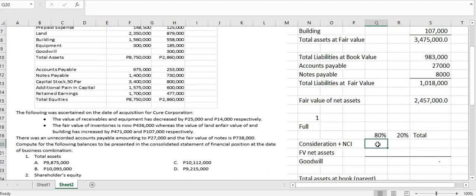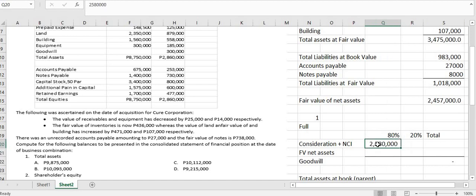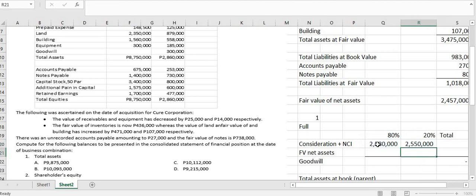So the 2,580,000 consideration will be our basis in estimating the fair value of our non-controlling interest. But since this 2,580,000 includes the control premium of 30,000, we deduct it, okay?